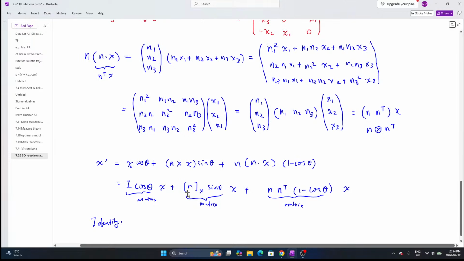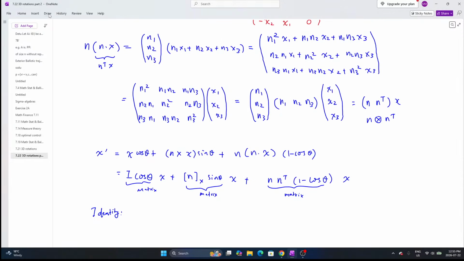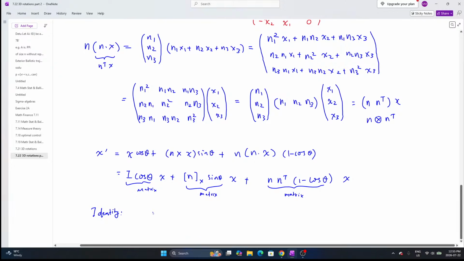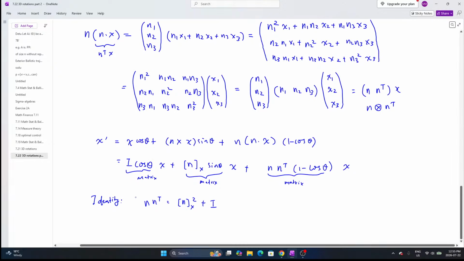Actually, here there's an identity which I'm going to verify shortly: n n transpose equals the n cross product matrix squared plus I. This is rather interesting. Let's verify that real quick.